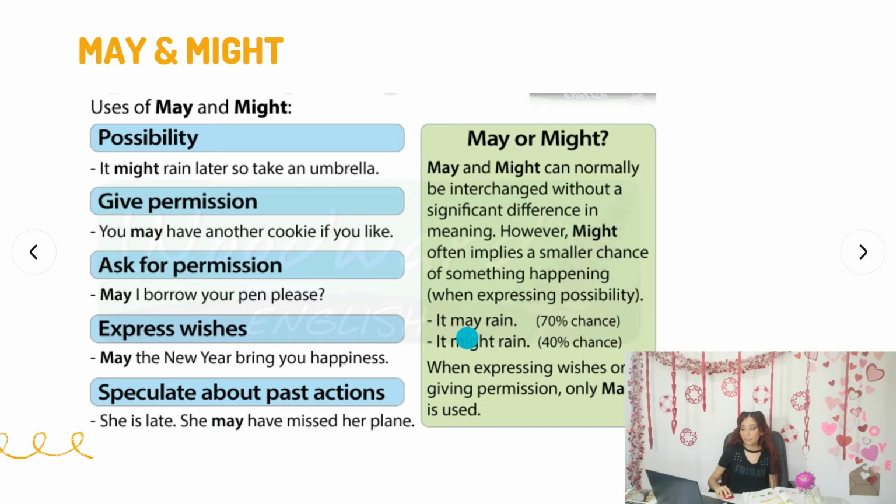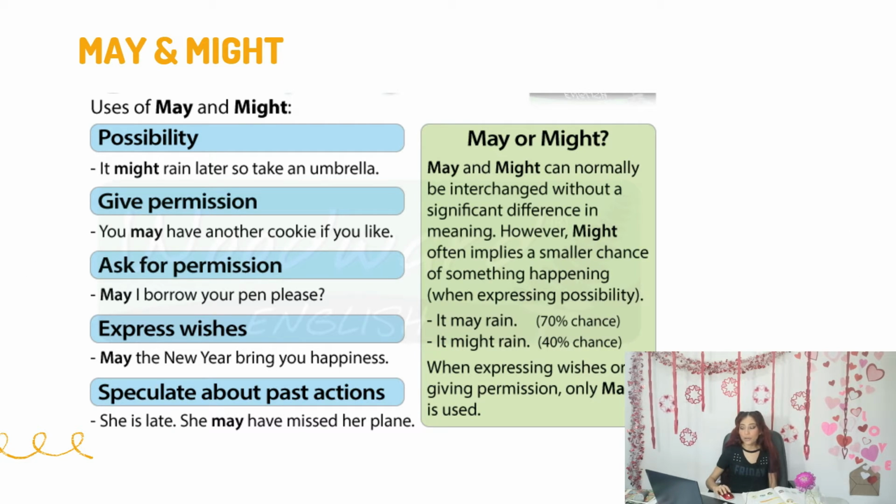It might rain, 40% of chance, ¿ok? Might es 40% probable. Esta es más o menos la diferencia. Puedes usarlos igual, pero siempre es más probable cuando estás un poco más seguro de que algo va a pasar, usamos may.